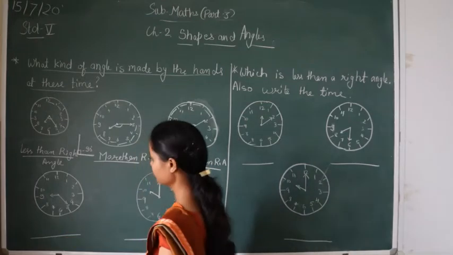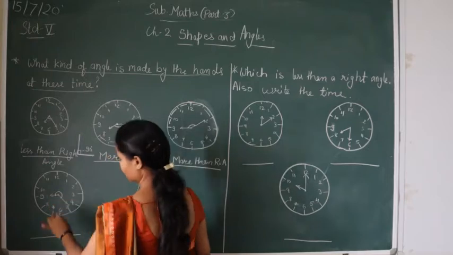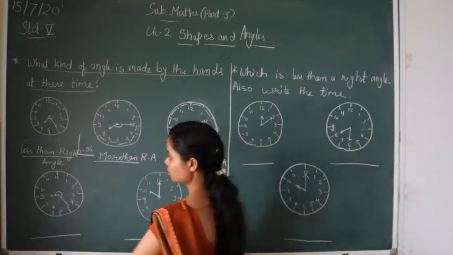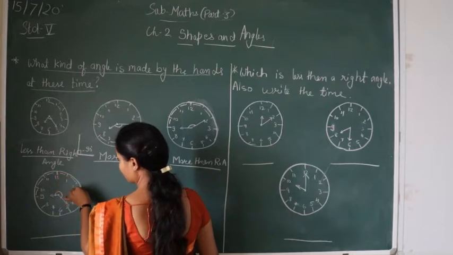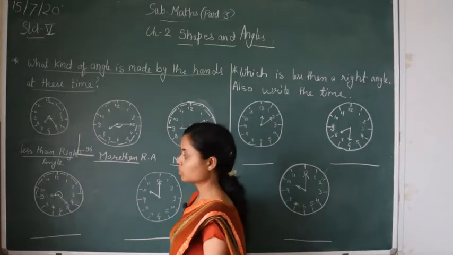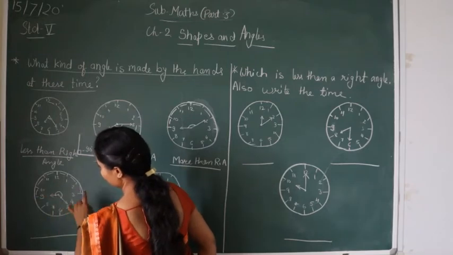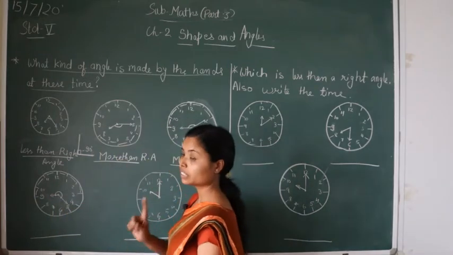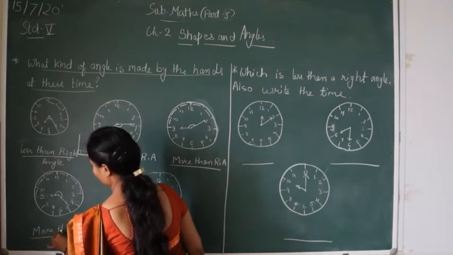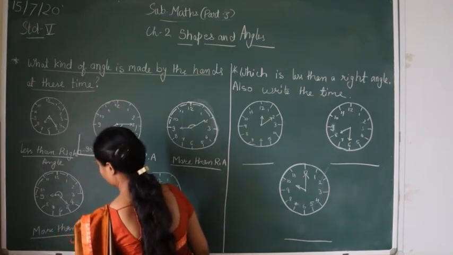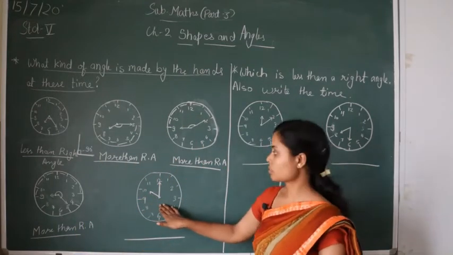Now here. This is 1, 2, 3, 4, 5, 6. So look here, there are 6 sectors which is more than 3. So we can say that it is more than a right angle.